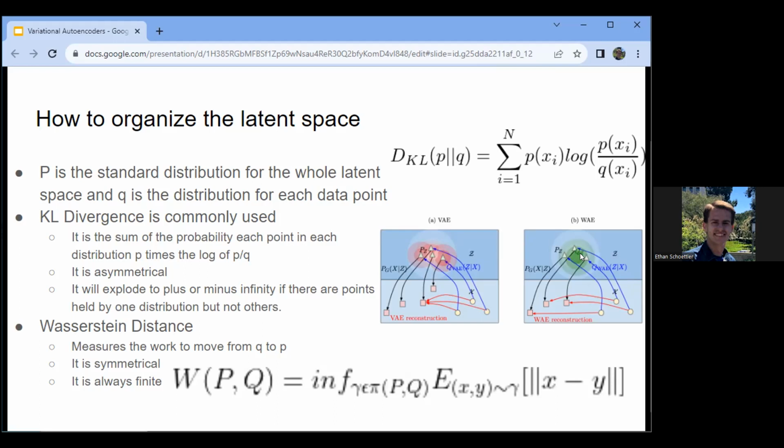Okay, understood. Wait, hold on, let me think about it. What is the autoencoder? The autoencoder does not use a probability distribution. I remember I presented the WAE before in the group meeting, but I don't remember a probability distribution.